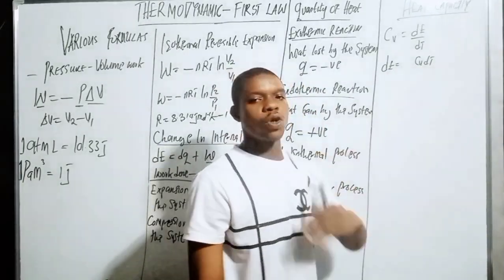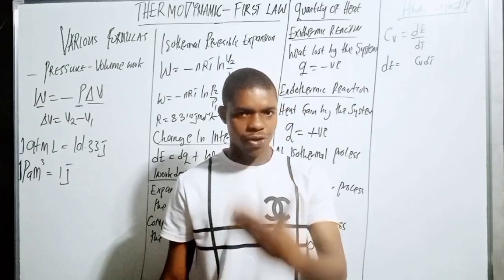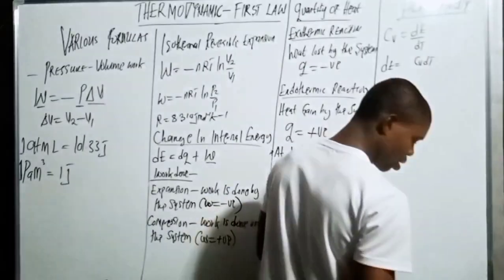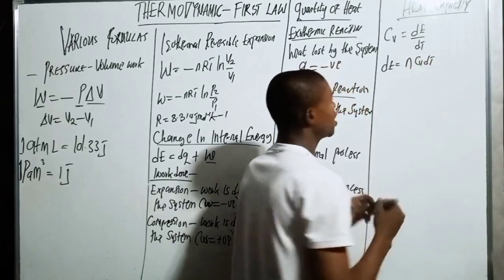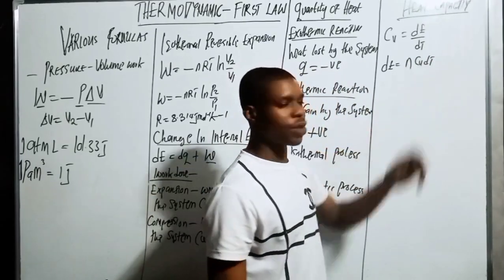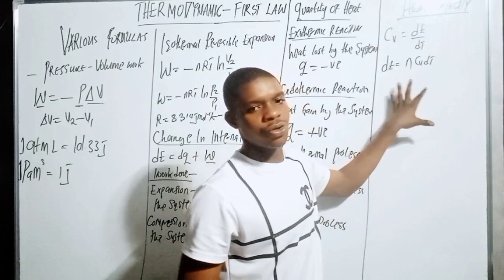But in some questions, the number of moles will be given to you. That's why you have n: delta E equals n CV delta T. You will see how we are going to solve problems with that one.